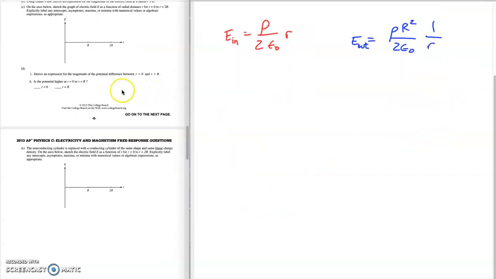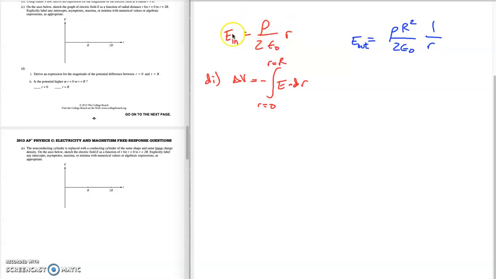All right, part D, expression of the magnitude of potential difference between r equals 0 and r equals big R. So D1, potential difference is going to be the negative integral of E dot dr. And what we're going to need is one of these two expressions. And since they say from 0 to R, what we need is the one that is the inside.